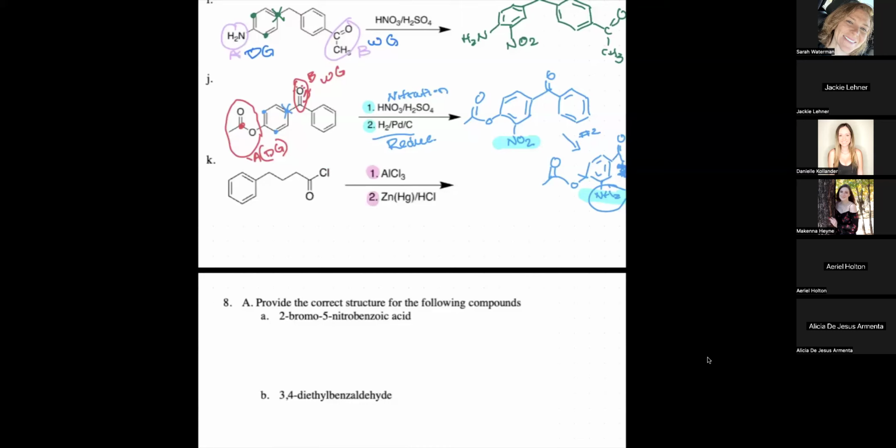So step one, what's happening? What does this do? It adds the carbon with the hydrogen and the oxygen. Yeah, we get this Friedel-Crafts reaction, so this and this go away. So then what do we end up having?